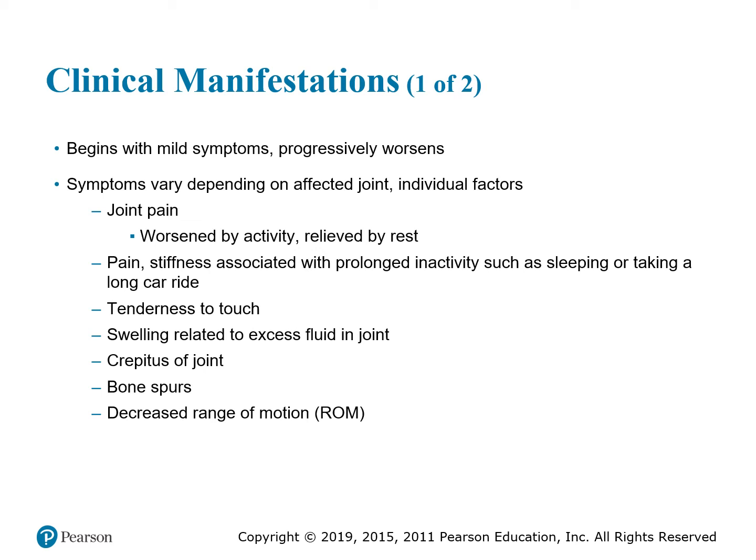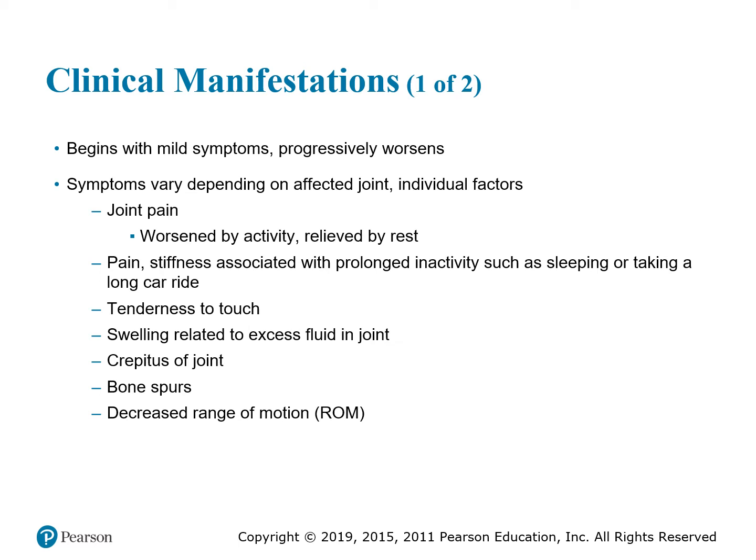So make sure you read over that, and we will look at that again, okay? So it begins with mild symptoms, and it progressively worsens. It can be a slow process, and happen between age 40 and on. Your symptoms vary depending on the joints that are affected.